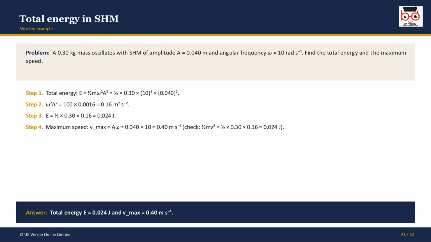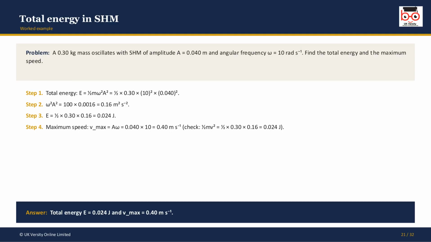Now, omega squared times amplitude squared is 100 times 0.0016, which is 0.16. So the energy is a half times 0.30 times 0.16, which is 0.024 joules.